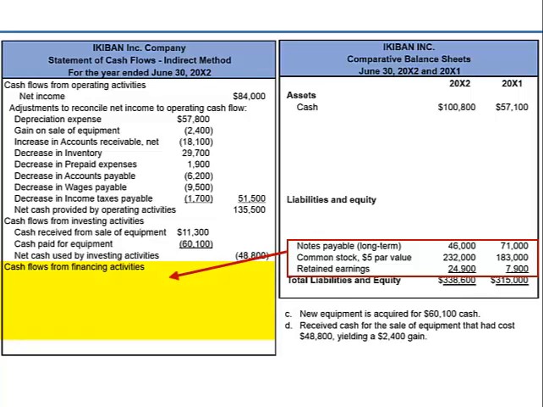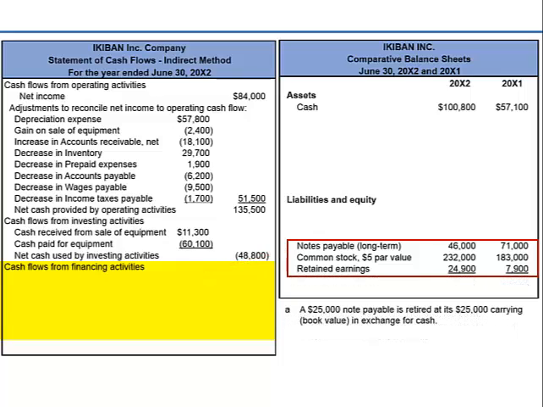Cash receipts and payments related to long-term liabilities and stockholders' equity accounts are classified as financing activities. We're told in the additional information that a $25,000 note payable is retired at its $25,000 carrying value in exchange for cash. The change in notes payable is a decrease of $25,000. We record the cash paid to retire notes within the financing activities section.